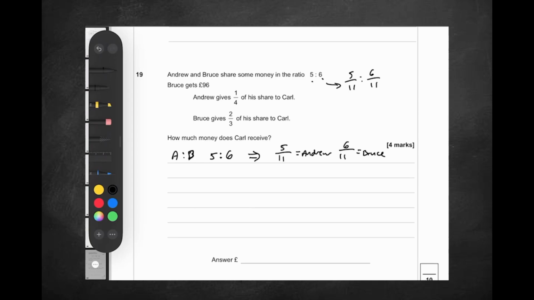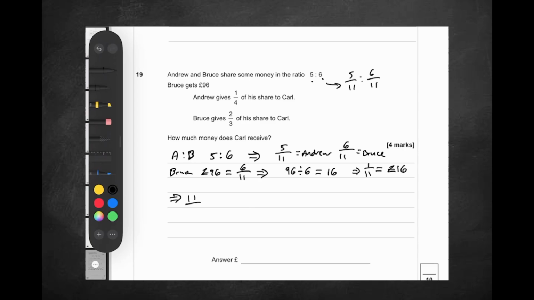So Bruce gets £96, so Bruce's £96 equals 6 out of 11. Therefore, if we do 96 divided by 6, that will be 16. We can say that 1 out of 11 equals £16.